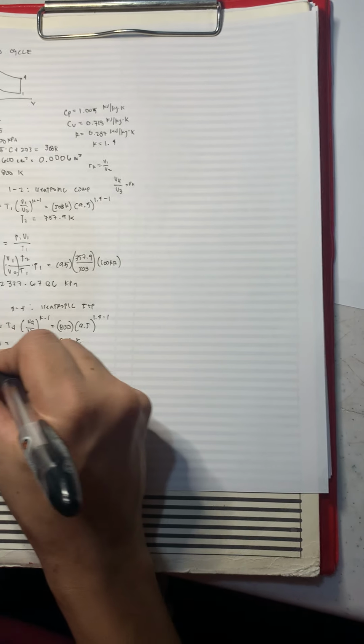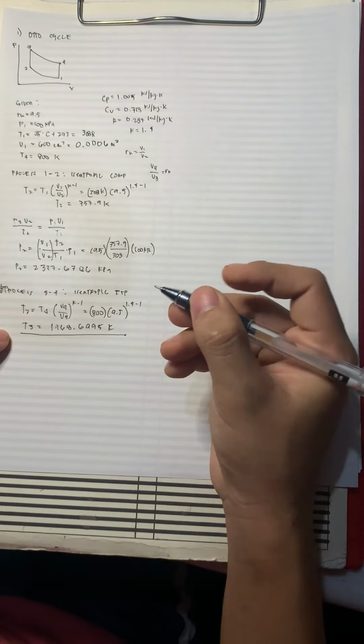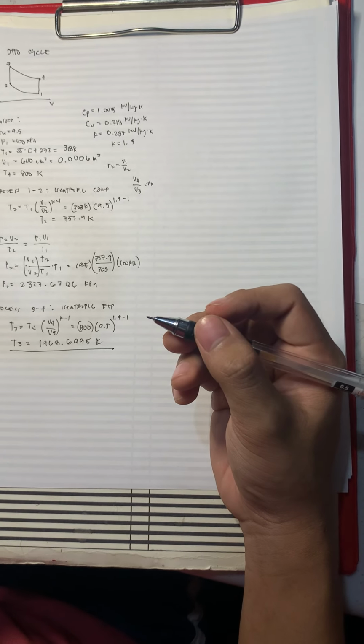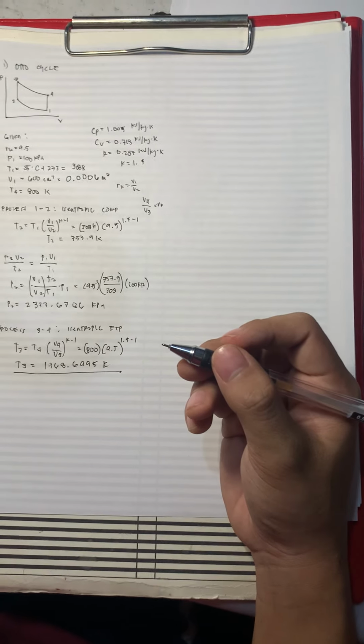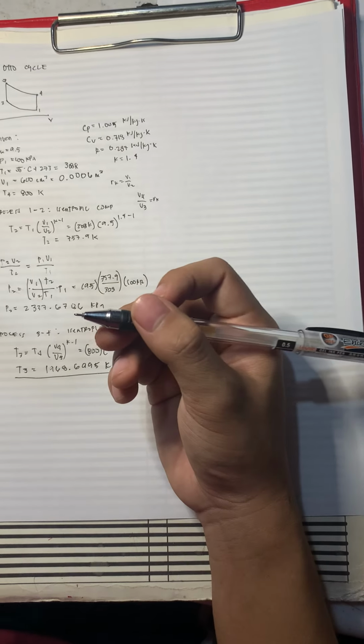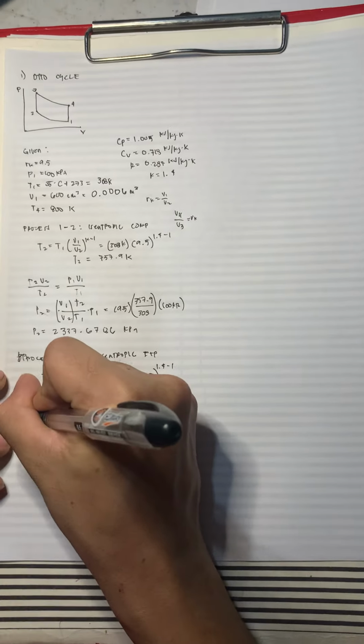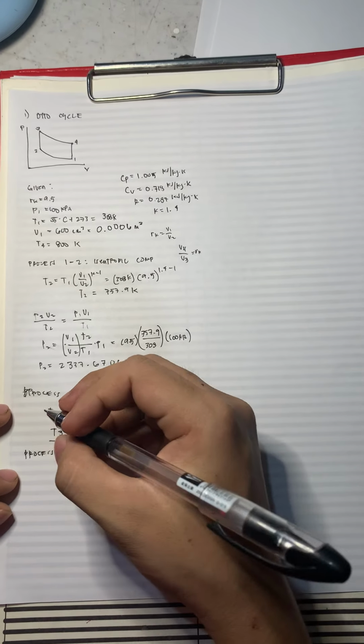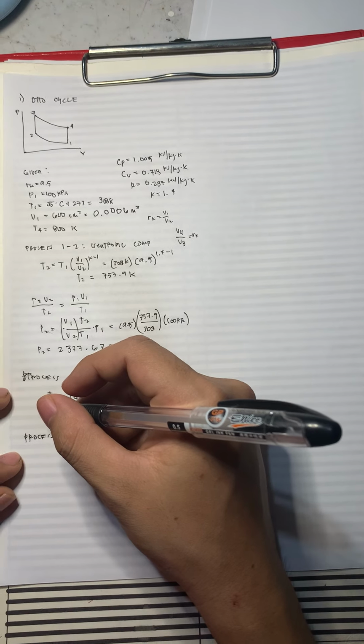Now we got T3, which is the highest temperature. Next is process 2 to 3 to get the highest pressure.